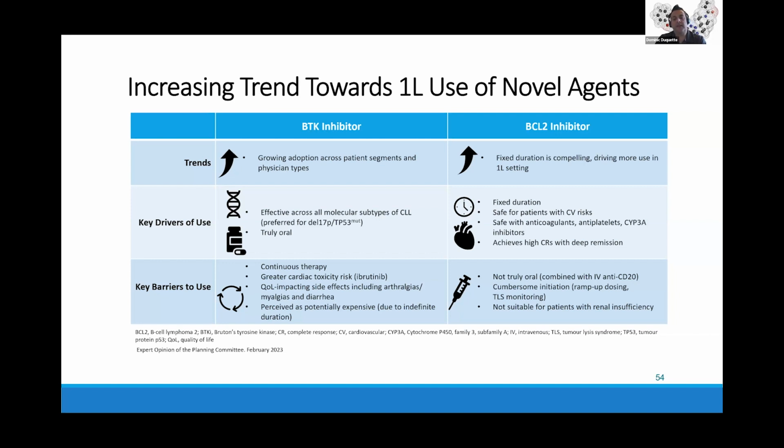For BCL2 inhibitors, it's not a truly oral treatment because it's usually combined with obinutuzumab or rituximab, so you do have an IV component. The initiation or ramp-up dosing and TLS monitoring is quite a hassle, and it's going to be a problem for patients with renal insufficiency.